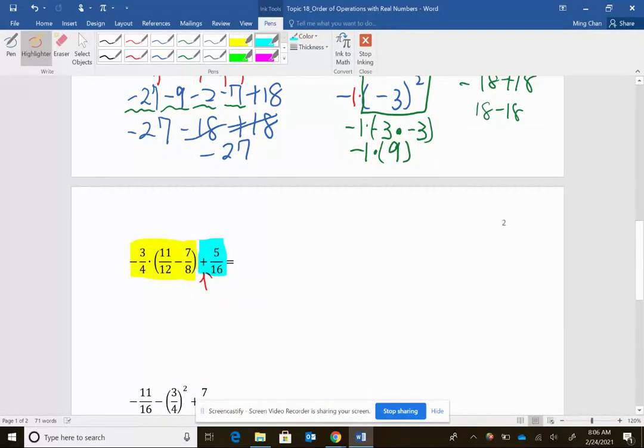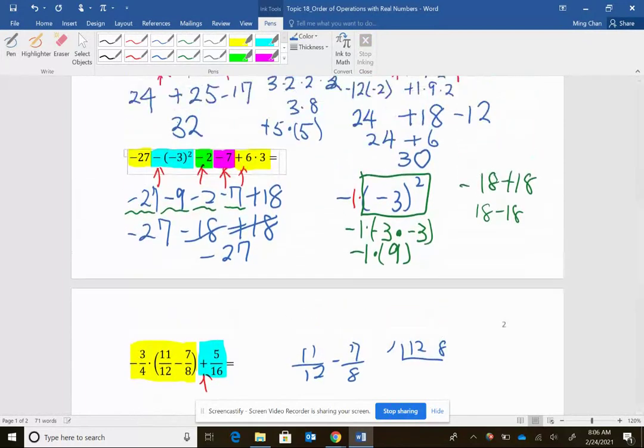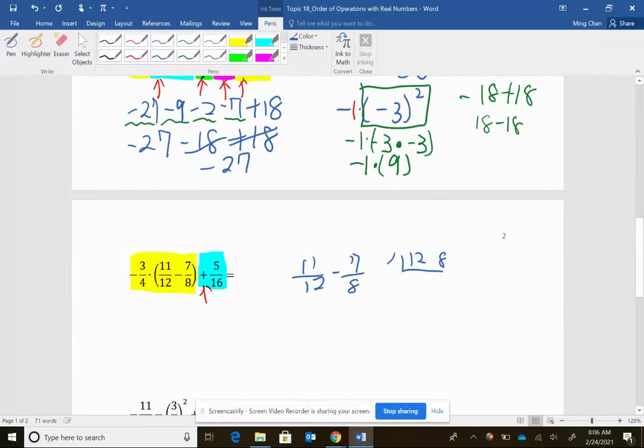So I'm going to move that to the side. So 11/12 minus 7/8. LCD between 12 and 8, I'm not quite sure. What number can go into both of these? 4, right? Remember we talked about this before, finding the greatest common factor. 4 goes into 12 3 times, 4 goes into 8 2 times.